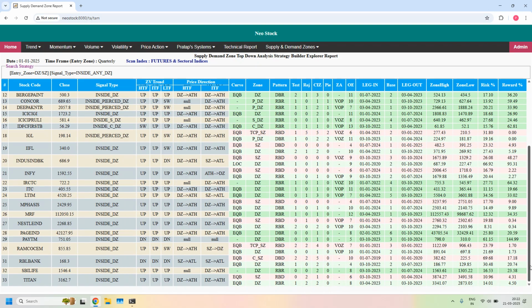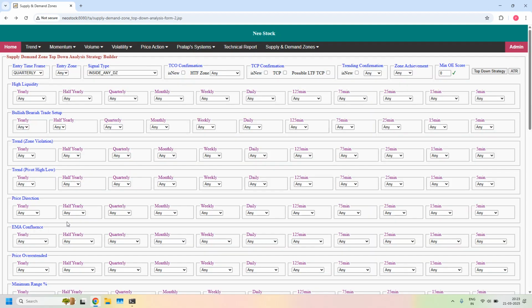We can further filter this list based on the EMA confluence. That is, a quarterly demand zone having quarterly EMA confluence. So in the EMA confluence at quarterly time frame, I am selecting the filter quarterly demand zone having quarterly EMA confluence.